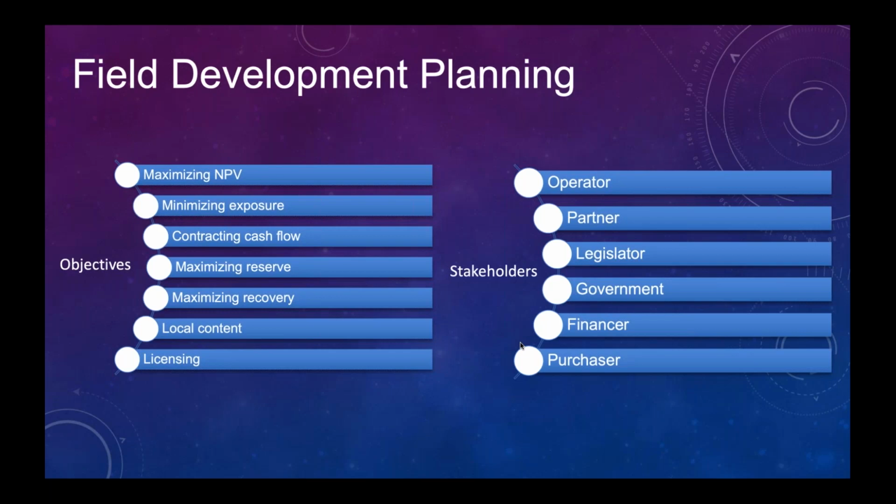For us to do that, there are a couple of stakeholders involved: operators who are meant to execute those projects, partners, the investors who are interested to invest in the oil and gas business, the legislators, the governments who own the land, who own this resource, financiers and purchasers.